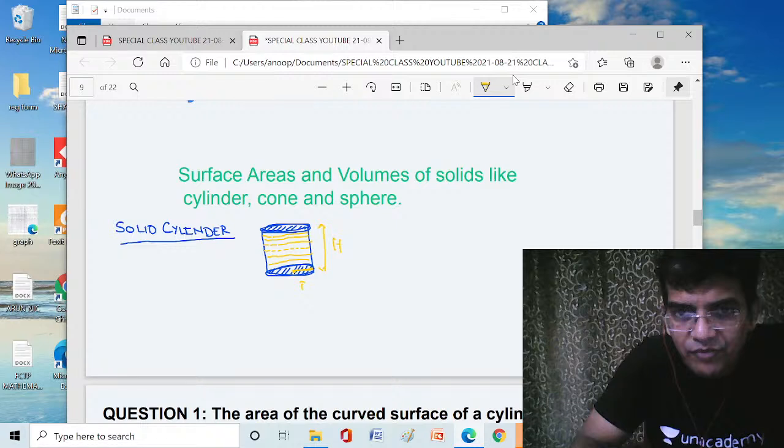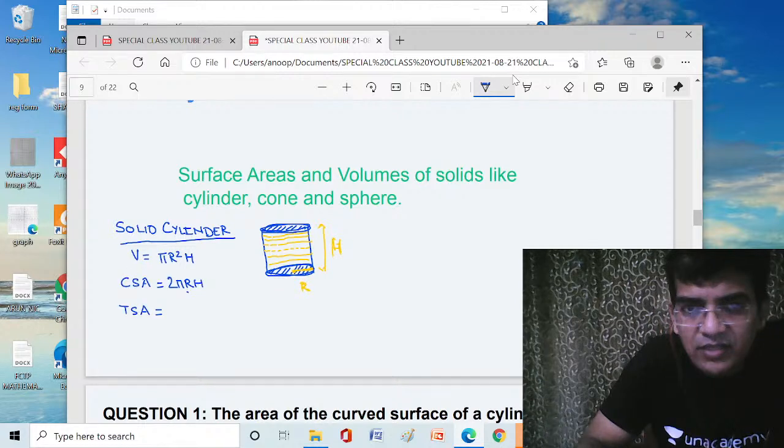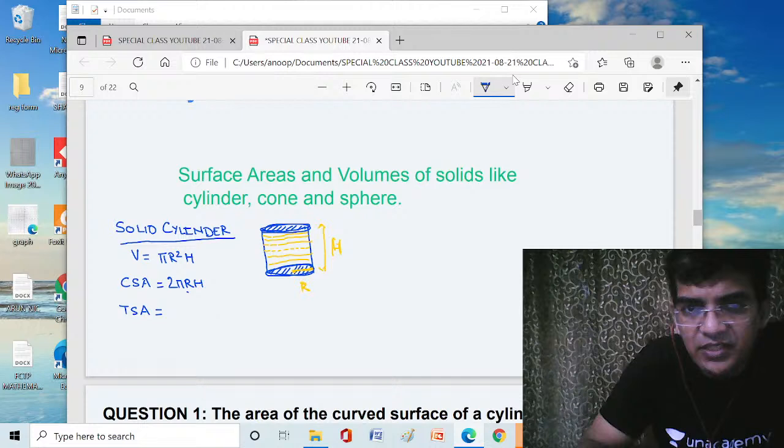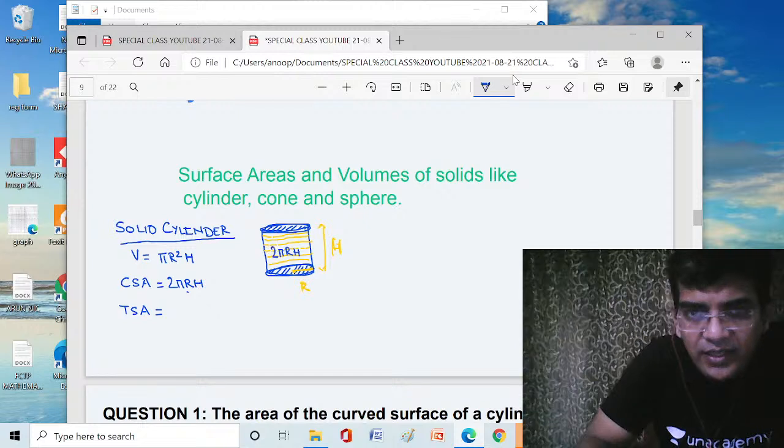Next we have the total surface area. What is the total surface area? There are altogether three surfaces. The surface I have marked in yellow is the curved surface and its area is 2 pi rh. On the top is a circular surface, so it will be pi r square.